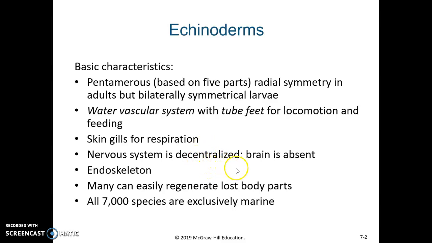Many can easily regenerate lost body parts, and some will even ditch their body parts. If they're under attack, they'll literally drop them off in a process that's called autotomy. They will drop it off, and then they'll just regenerate it.